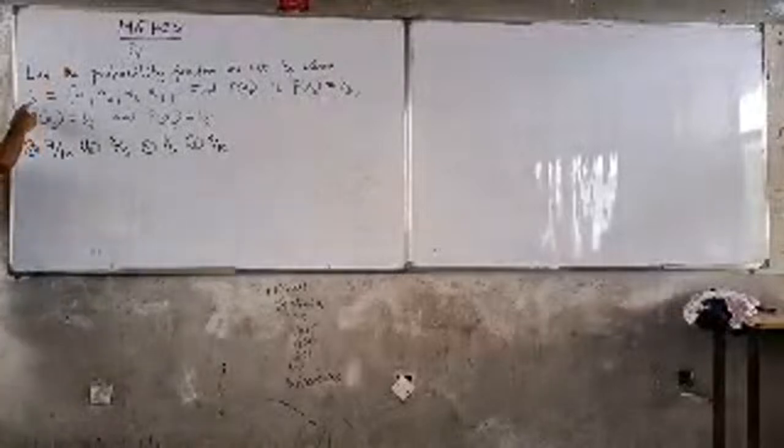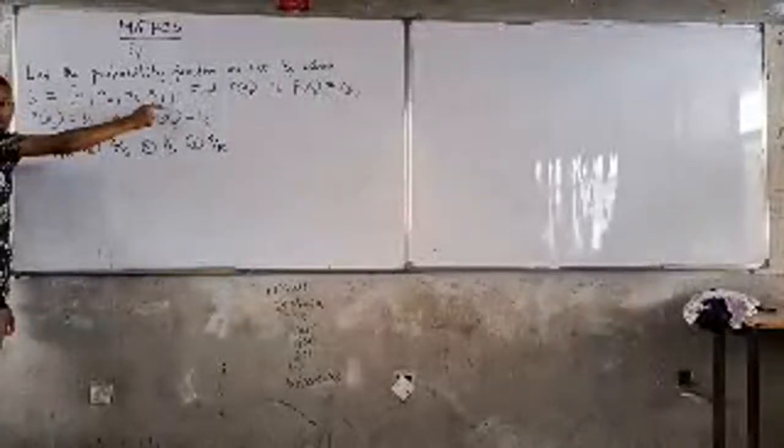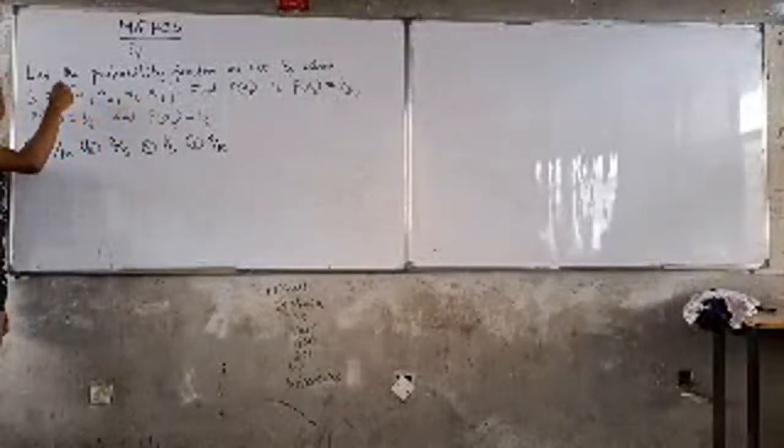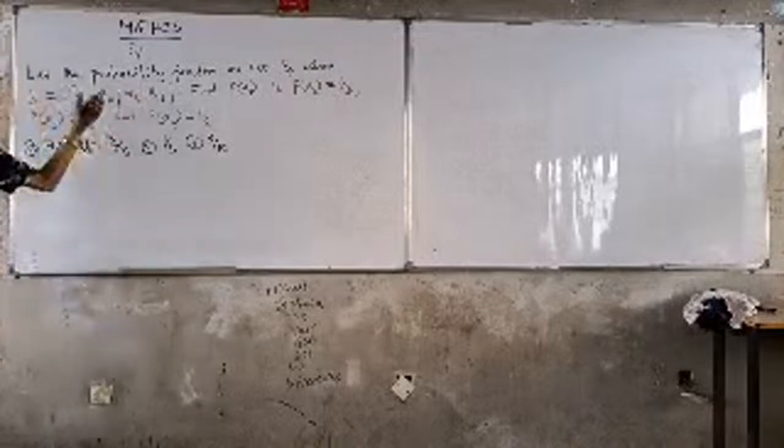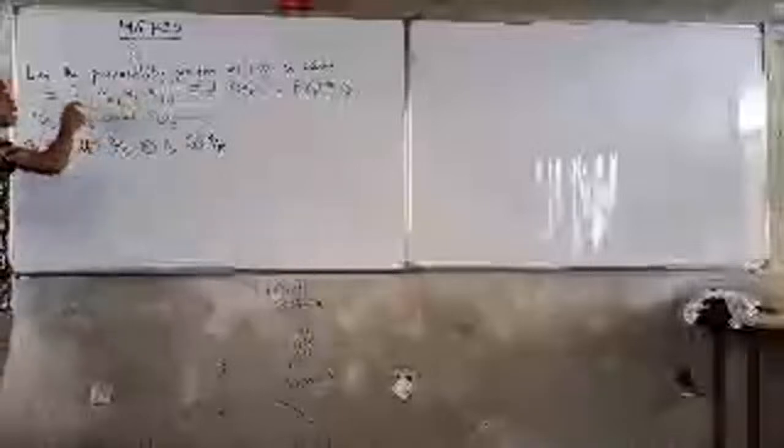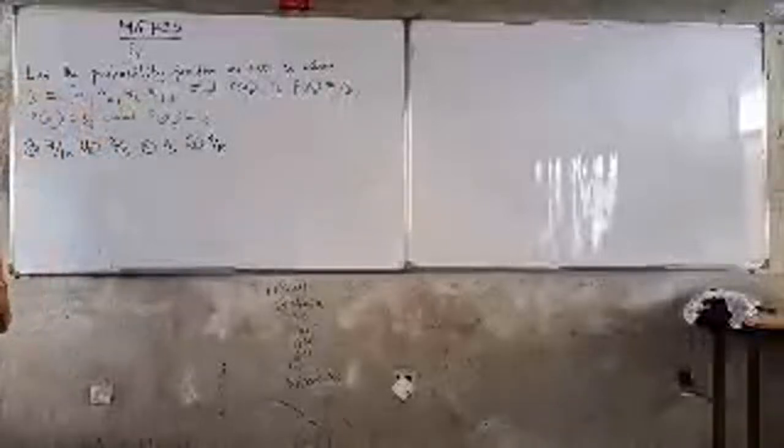Now they said the set S has A1, A2, A3, A4. It means either this will occur, this will occur, this will occur, or this will occur. It is certain that at least one of them must occur. So the total probability here is supposed to give us 1.